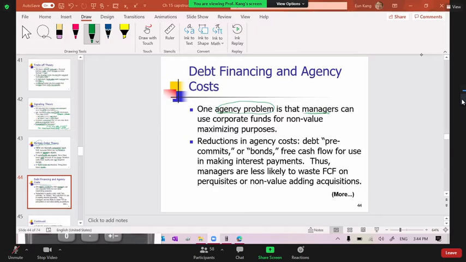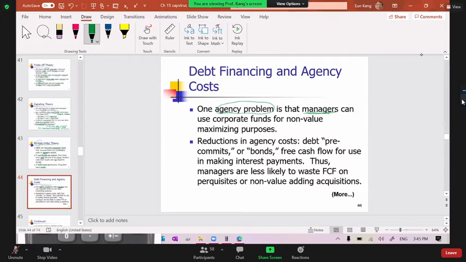Agents use the funds to buy their own stuff. Yeah, they mismanage the funds. So the agency problem is that the manager's goal is to maximize shareholders' wealth, right?